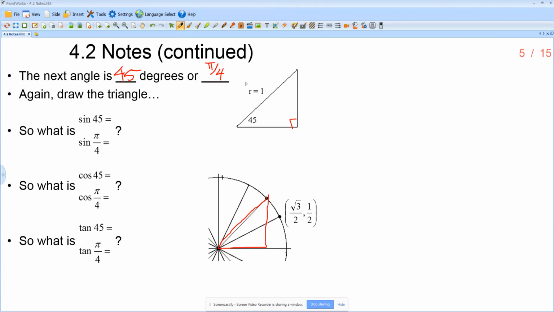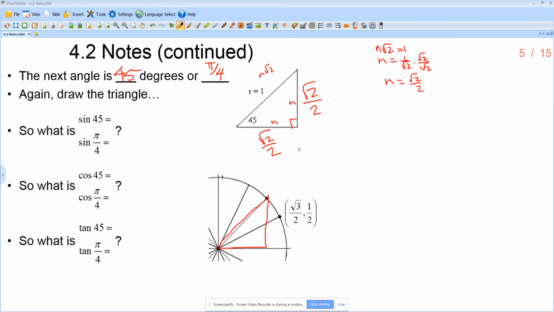If you're thinking about your setup for 45-45-90, it goes n, n, n square root 2. And if you were solving for n, you would say, okay, n square root 2 equals 1. So n equals 1 over square root 2. And you rationalize that, so n equals root 2 over 2. So each of these sides will be root 2 over 2.